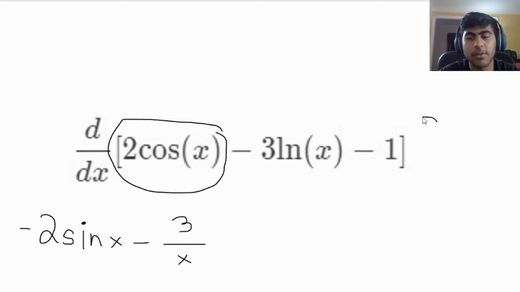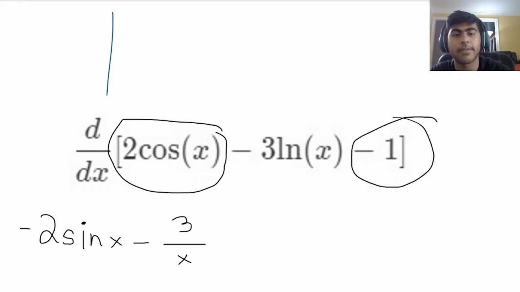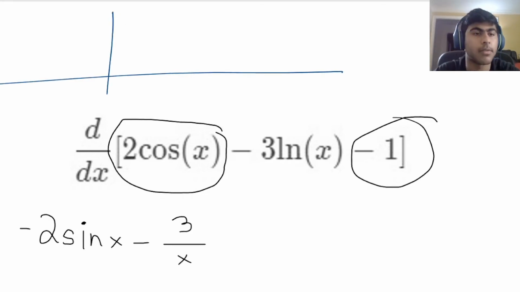Then we have the derivative of this constant. We never discussed what the derivative of a constant is, and that's because it's 0. Let's think about why this makes sense. If I have a graph, the line of a constant is just a flat line.